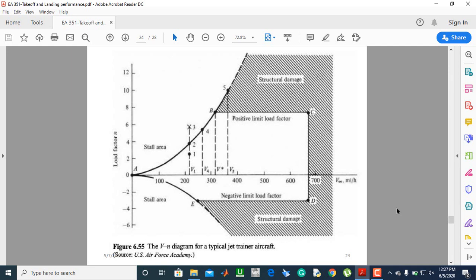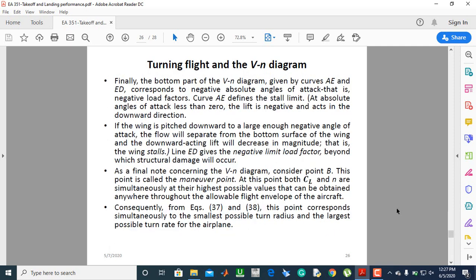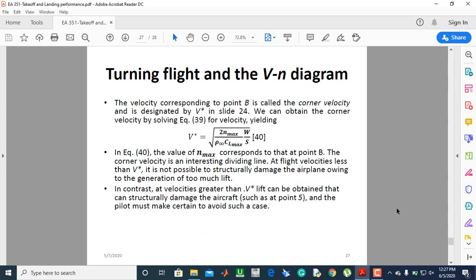Below B, you are in the safe zone. Now the velocity beyond which structural damage will start is given by this expression, equation 40. So at velocity V star, you've got the maximum load factor and the maximum lift coefficient. The value of the maximum load factor corresponds to that point at B, the corner.